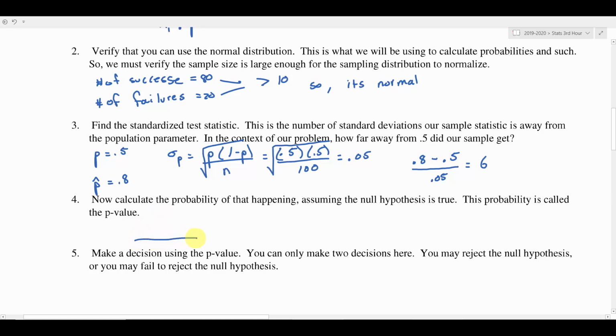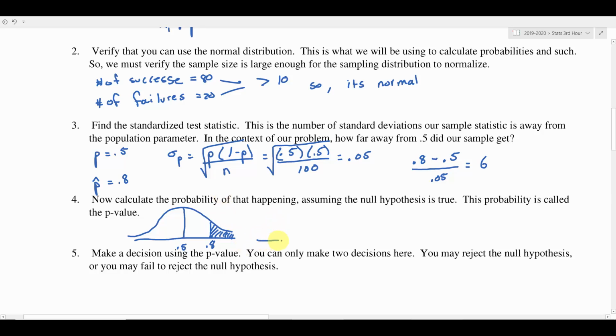Think about it like this. We have this normal distribution from our sampling distribution. Here's our normal curve, and the center of this sampling distribution is 0.5. We got a 0.8. What we want to know is the probability of getting 0.8 or more from this distribution, so we're calculating the area underneath this curve.